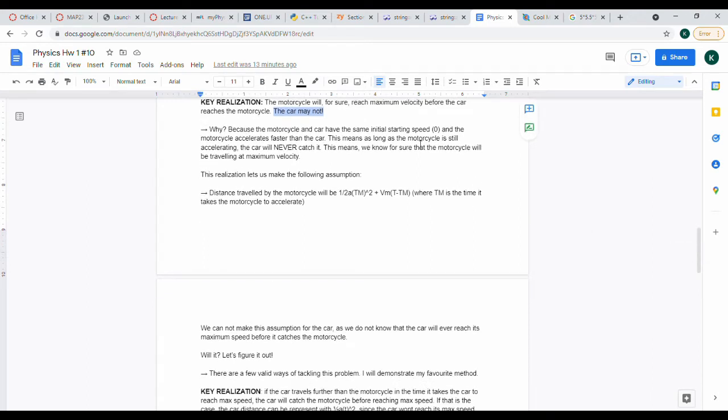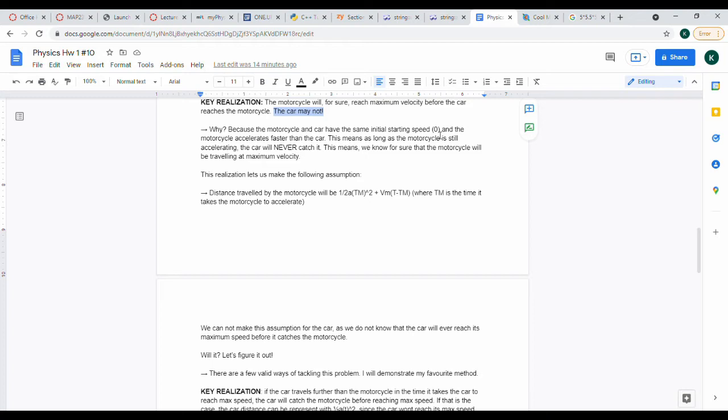Why? Well, they both start at the same place, and they both start at rest, and the motorcycle accelerates faster than the car. So as long as the motorcycle is still accelerating, the motorcycle will always be going faster, and the car will never catch it. Only when the motorcycle stops accelerating could the car catch it.